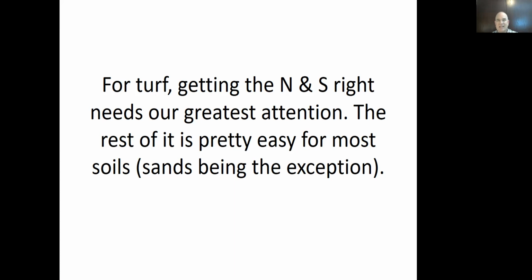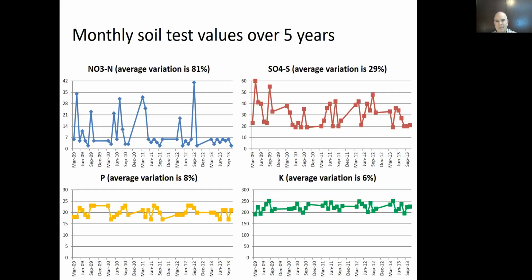The phosphorus, the potassium, the micronutrients are relatively easier. I can just follow that soil test and maybe make some tweaks here and there based on tissue analysis. But I've really got to get the nitrogen and sulfur right, especially for the turf grass.